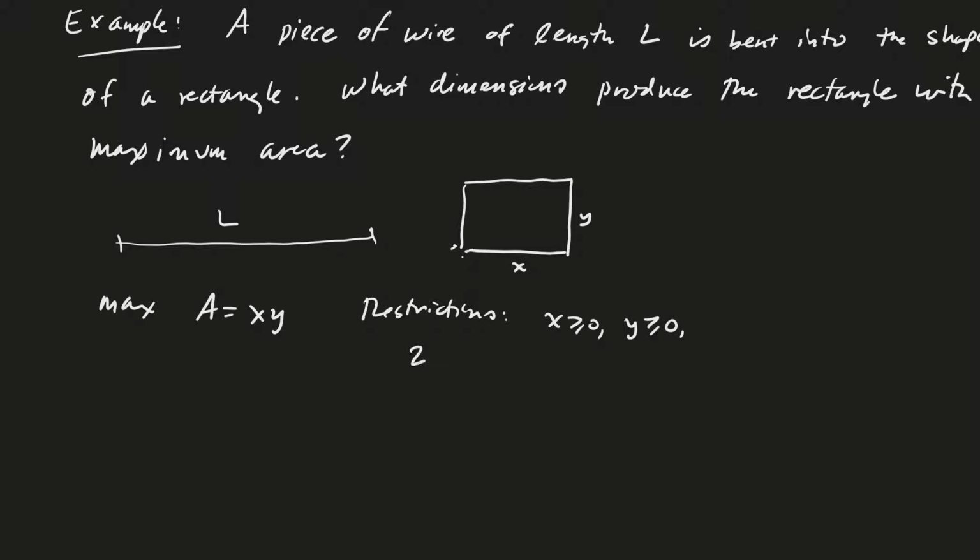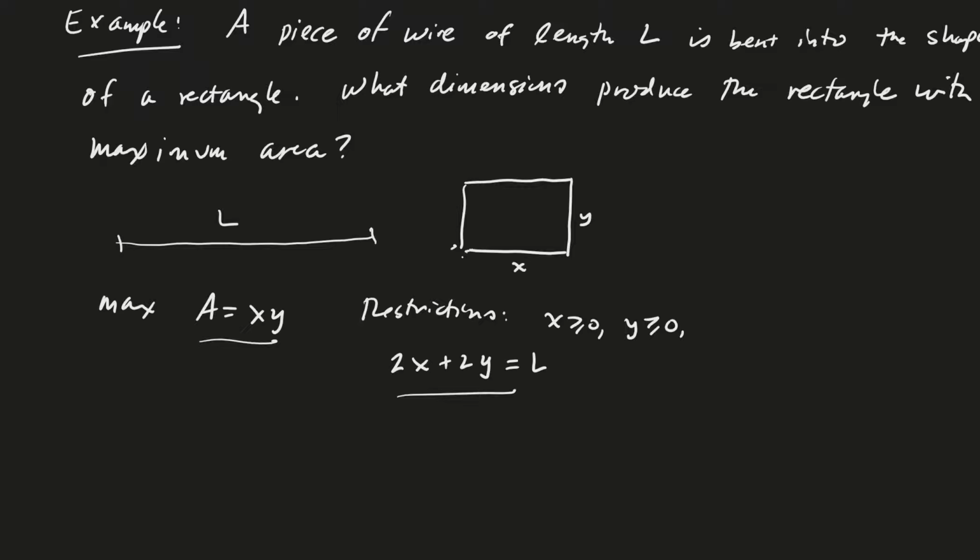And the perimeter of the rectangle, right, can't be bigger than L. So therefore, 2x plus 2y is equal to L. Good. And so now we have our function and we have a side constraint. We could solve for one of the variables using the side constraint to get a function of one variable, right?